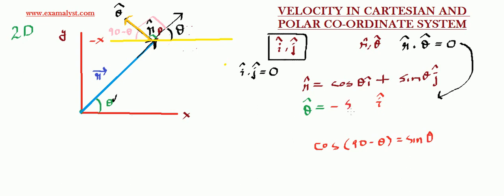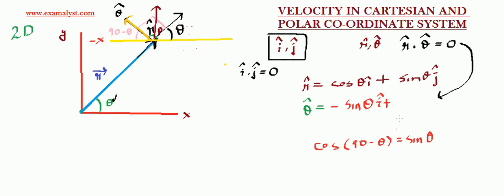So the first term is minus sin theta i cap, plus, similarly, look at the second term. The second term will be along this. It is clear that the second term of theta cap will be along the positive y-axis.